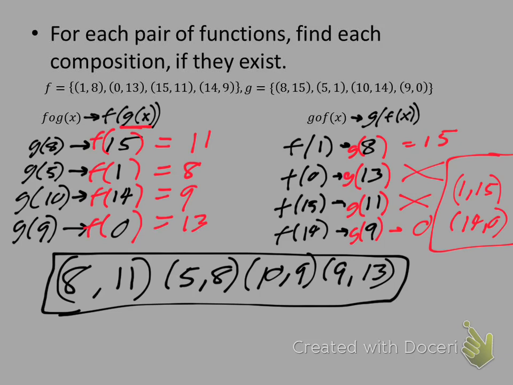Now, if you went down and tried to make this and went through all four, your function is undefined. That's the part where it says if they exist. If you look at them all and none exist. But if you get one that works, that one is then your answer. Does that make sense? Okay.